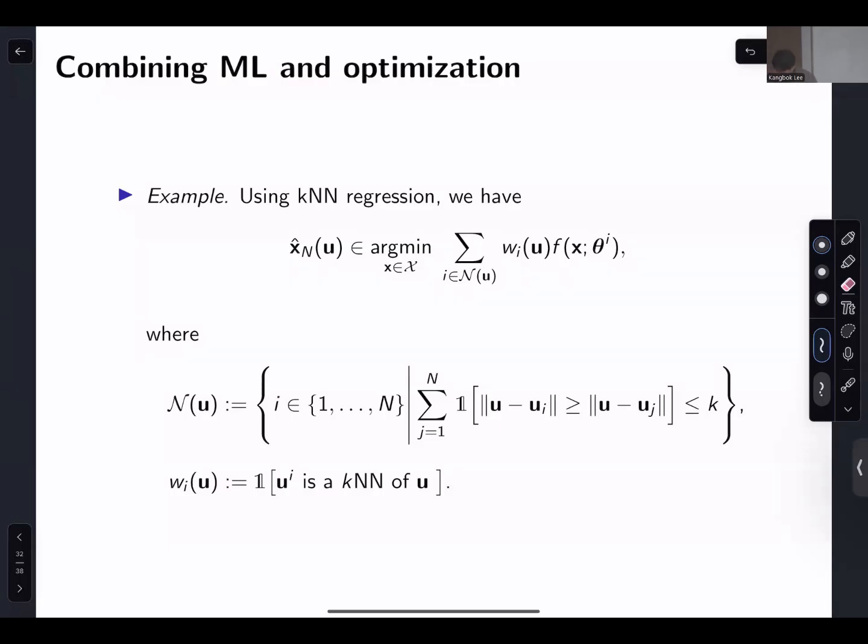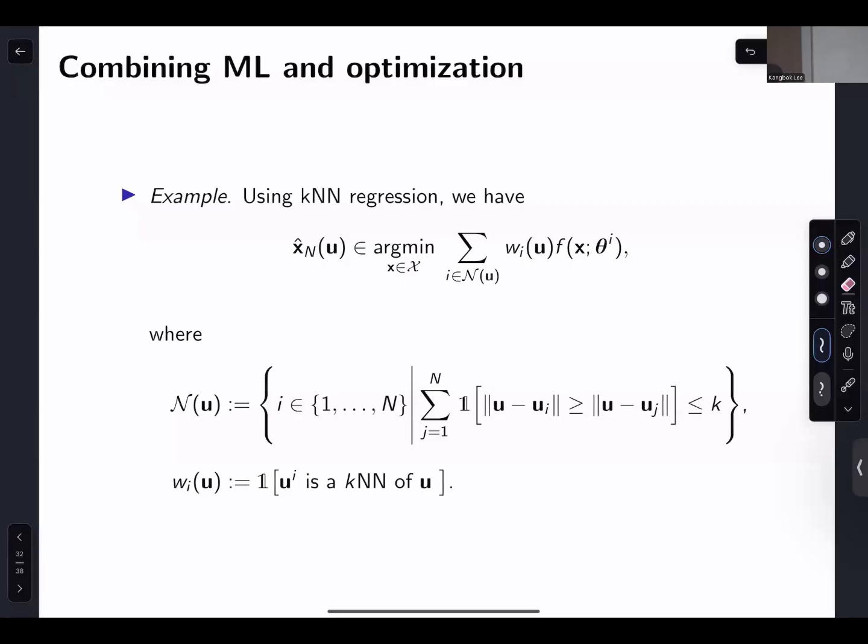So how do we find such a KNN set? Well, the KNN set is denoted here by N of U, and the set is defined like this, right? That is how the KNN set is formulated, okay? And now you only take the objective functions for members that are covered within the KNN set, and that means the weight is going to be either 0 or 1.